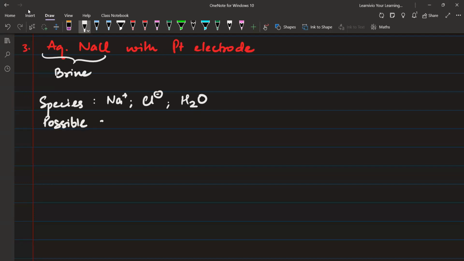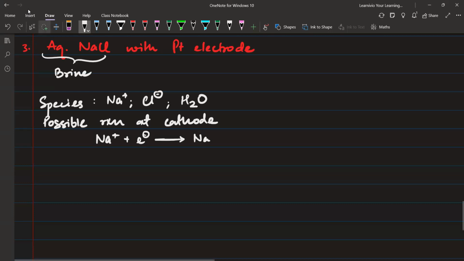Obviously, in cathode, Cl negative is not going to go. Na positive will go. It will eat one electron and will give you sodium solid.